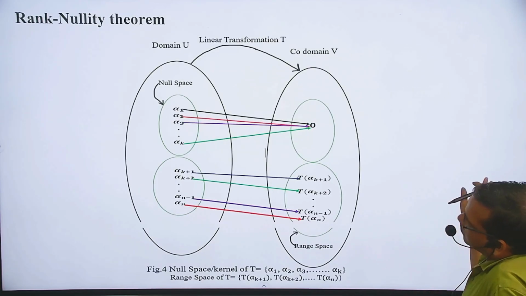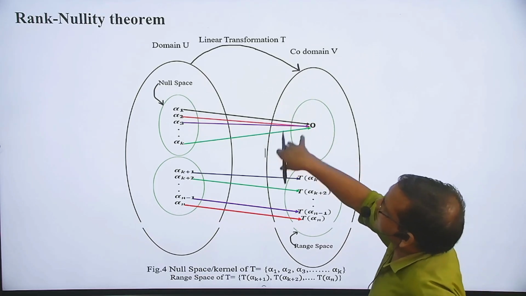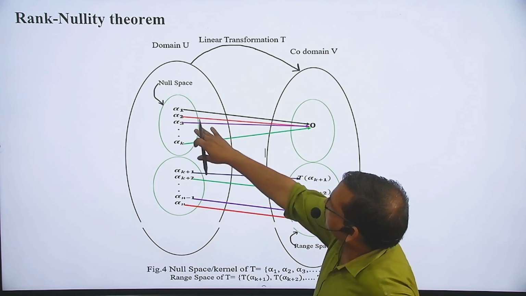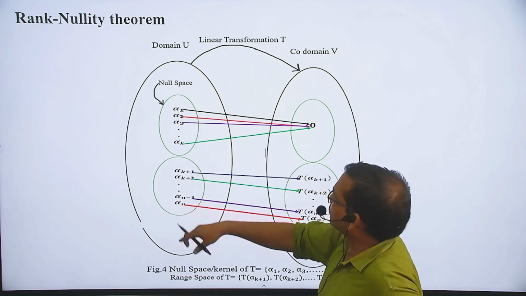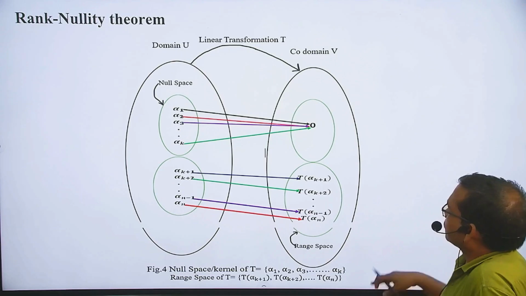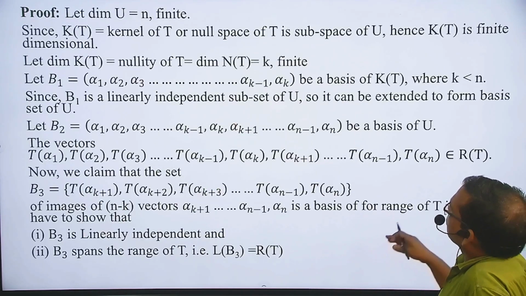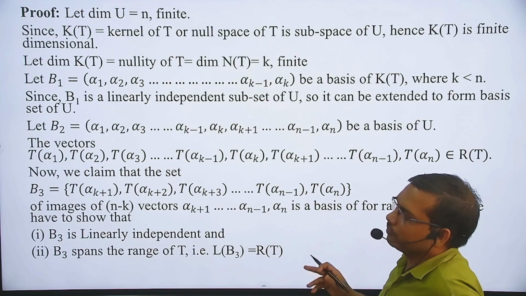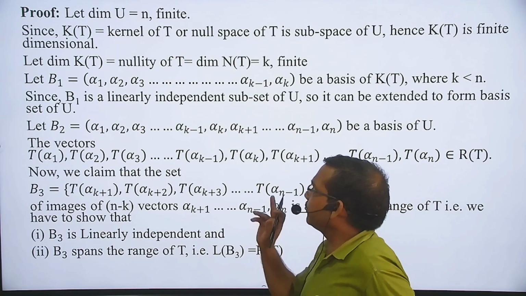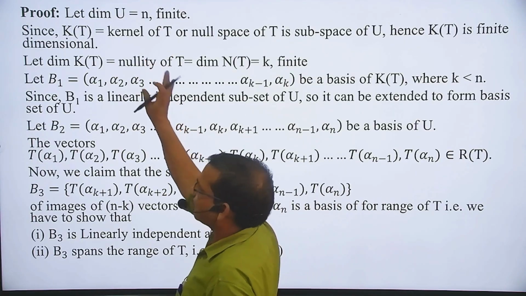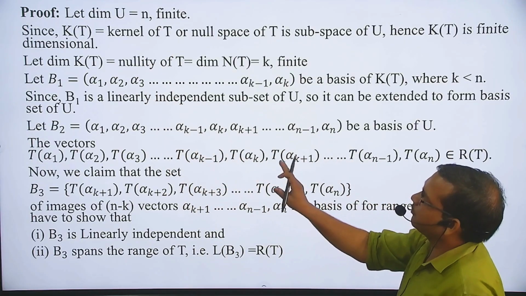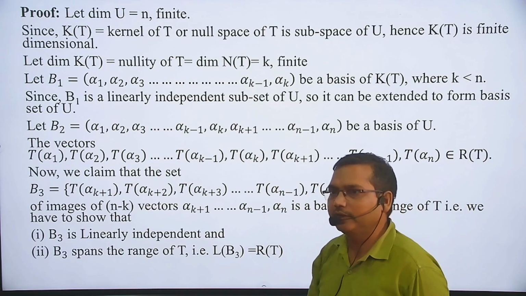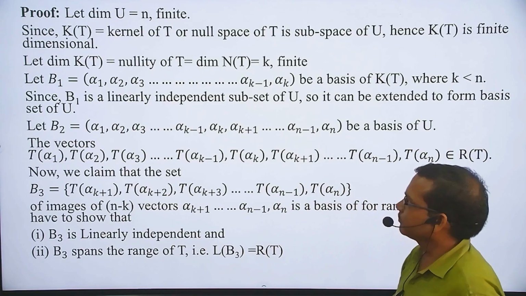For the proof, we have already discussed this figure. Here this represents alpha 1, alpha 2, ..., alpha k, the null space, and this represents the range space. For the proof of this theorem, first we suppose the dimension of U is equal to n, because in the statement of the rank nullity theorem it is given that U is a finite dimensional vector space.